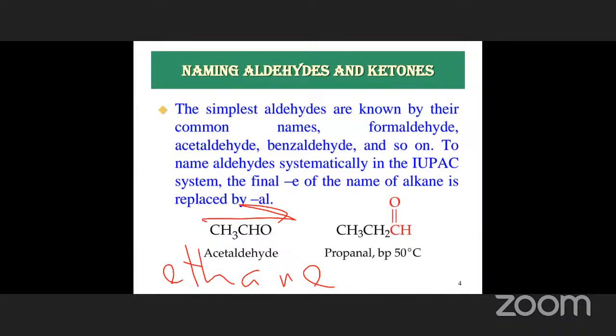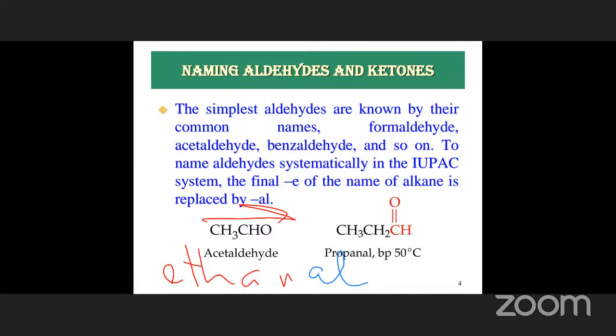So to name this, you remove the E, like you would have done. If this were alcohol, for instance, you remove the E and put OL, if you remember. So here now you remove the E and you put AL. So we'll remove the E, we'll put AL.